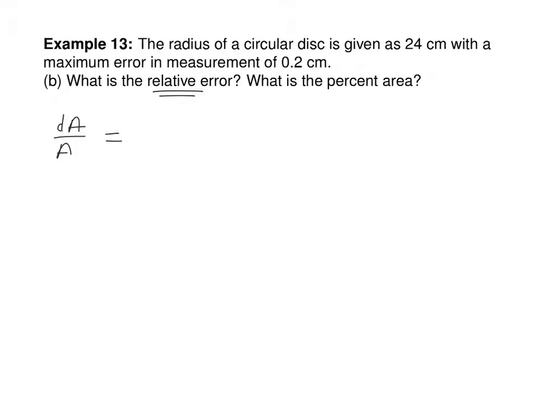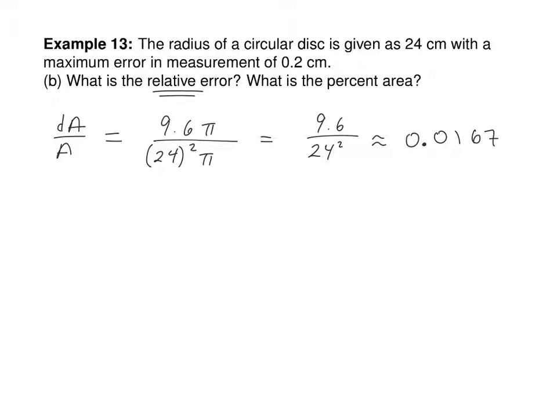So that's going to be 9.6 pi over pi r squared, so 24 squared pi, or 9.6 over 24 squared, which is about equal to 0.0167. I'd either give you super nice numbers to work with or just have you leave it as a fraction. The pi's cancel, right? Okay, so what is that as a percent error? 6, 7. Mm-hmm.